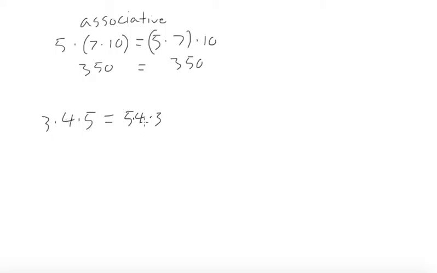If we reverse the order, it does not matter. 3 times 4 is 12, times 5 is 60. And 5 times 4 is 20, times 3, that's also 60. So the commutative property says that you can rearrange the numbers when you're multiplying and you'll get the same answer.